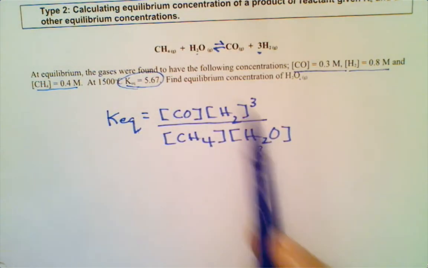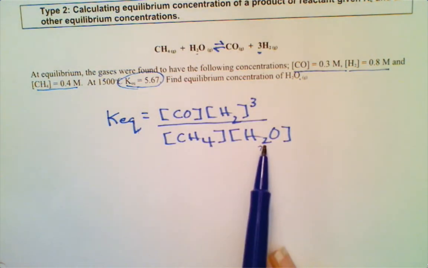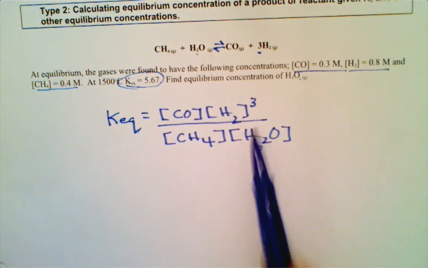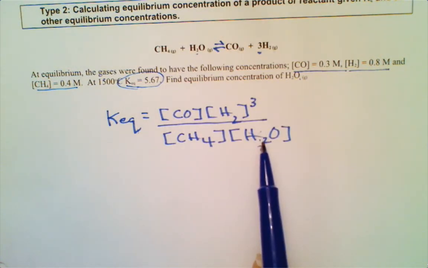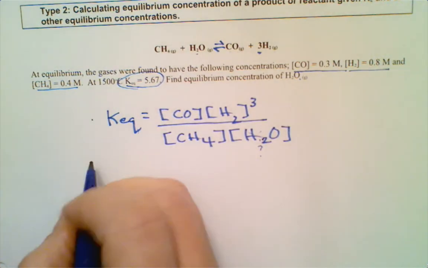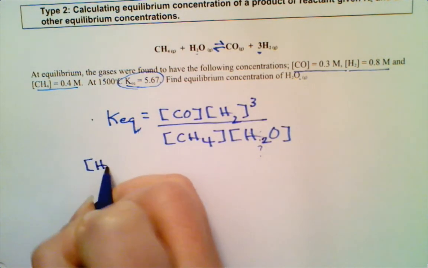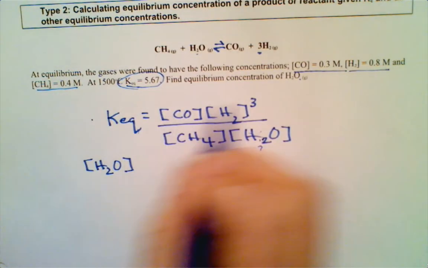So what I do before I plug anything in, I want to rearrange this expression to isolate and get water by itself. And in order to solve for this as a variable, if you were in math, this would be sort of like your x value, you have to bring it to the top as a numerator. So what I would do is take this and move it to the other side of the equal sign. And so water would be moved up to here. So you would have water up here multiplied by KEQ gives you all of this.